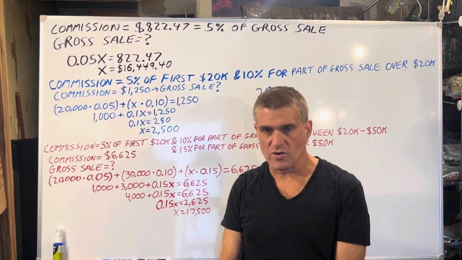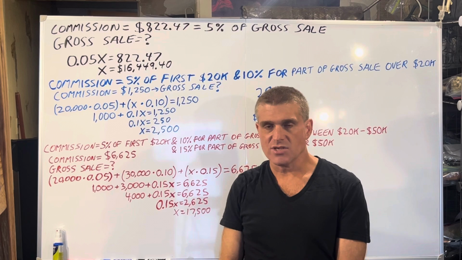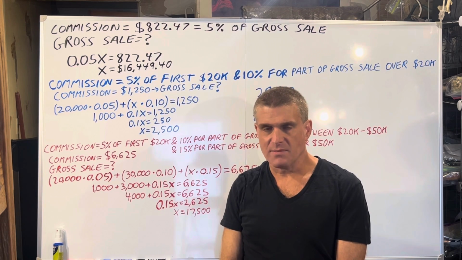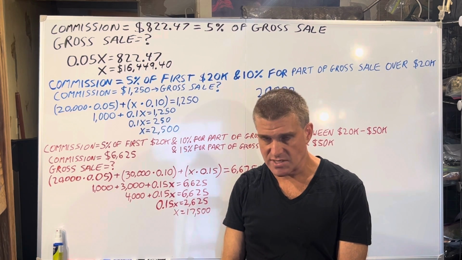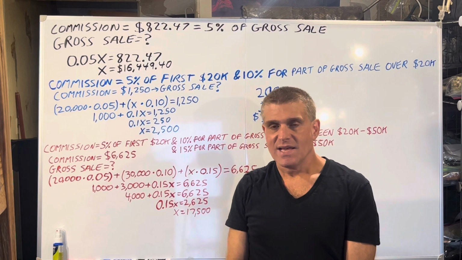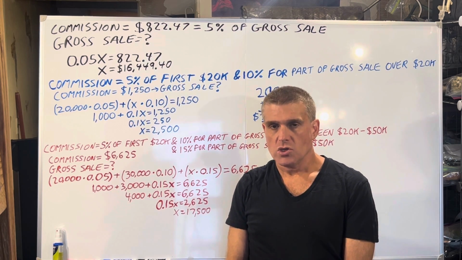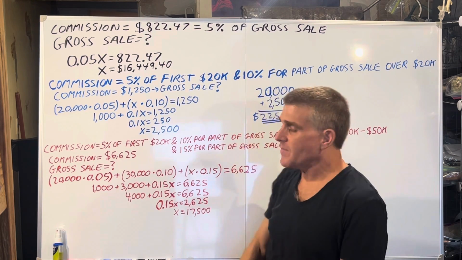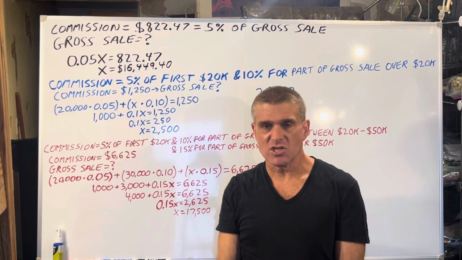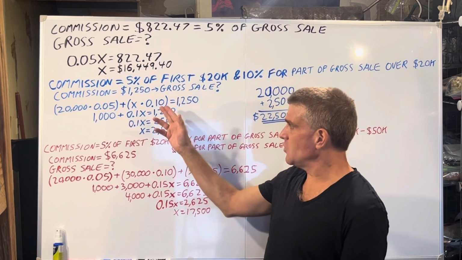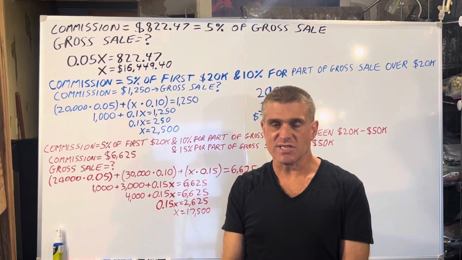Now he has another incentive at work. Any sale over $20,000 is awarded 5% commission on the first $20,000 and then 10% commission on anything over $20,000. So if someone were to receive a commission check of $1,250, how much is the gross sale?